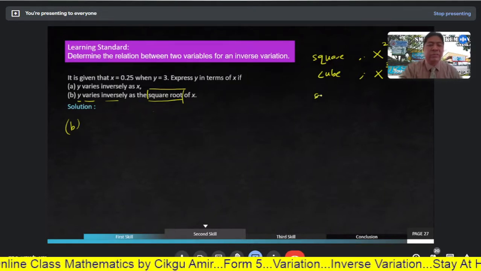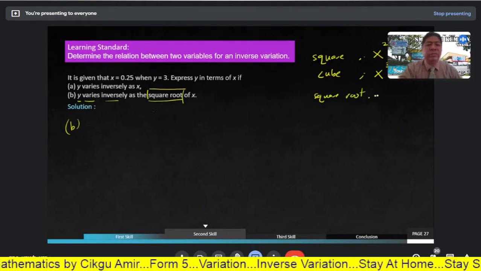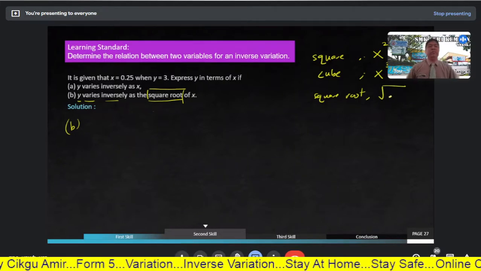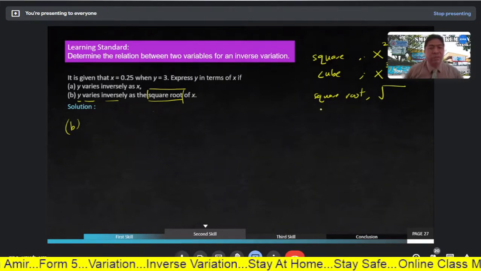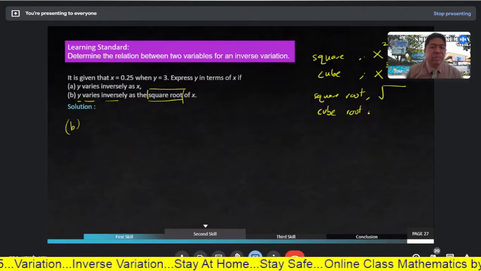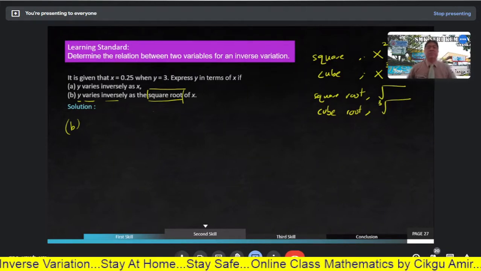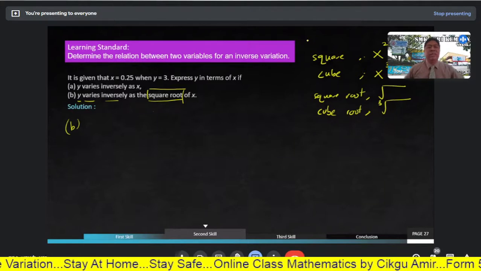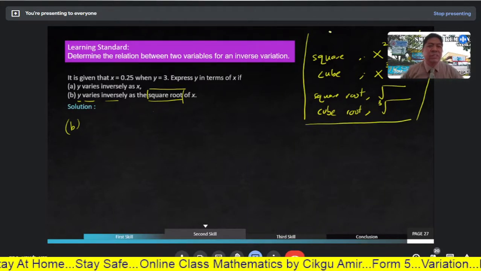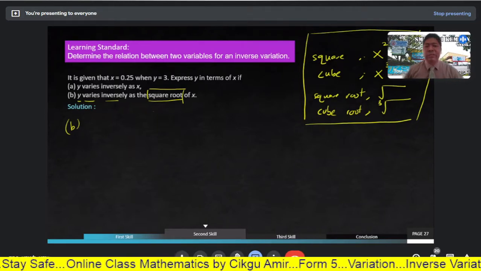Square root is punca kuasa 2, and cube root is punca kuasa 3. So these are 4 words that you must know: square, cube, square root, and cube root.